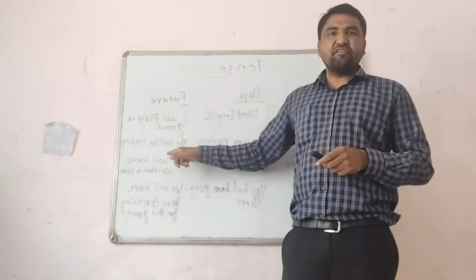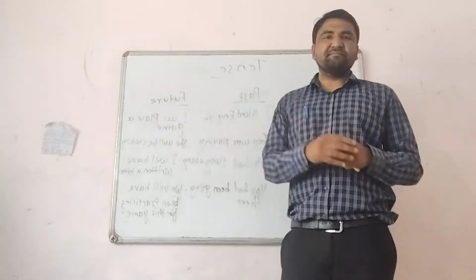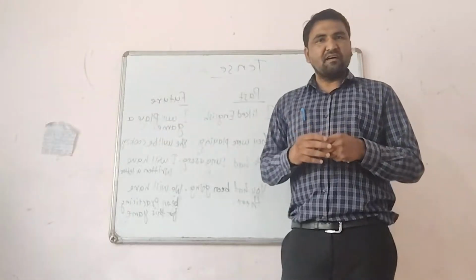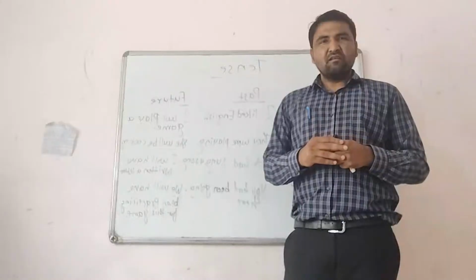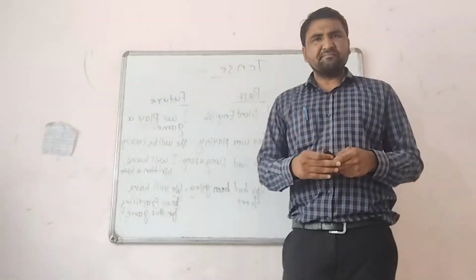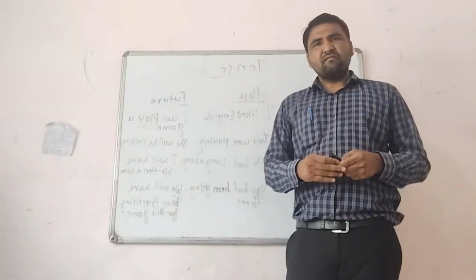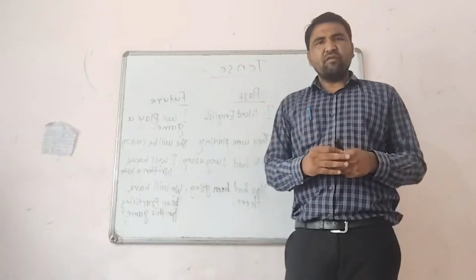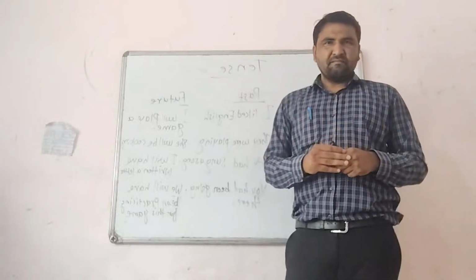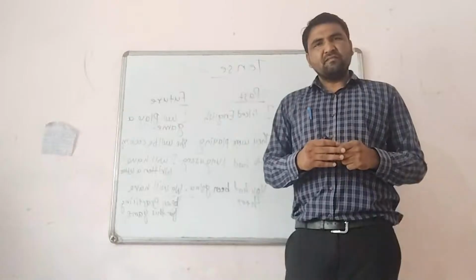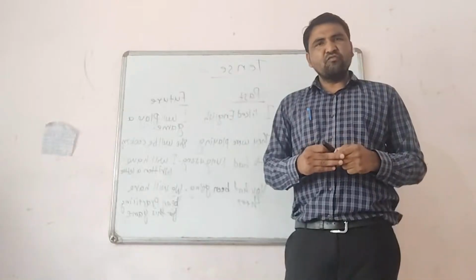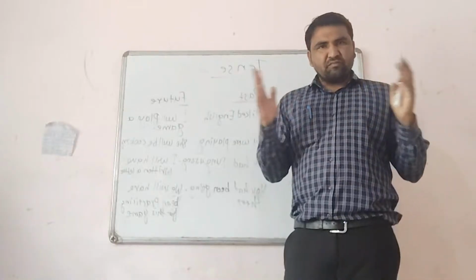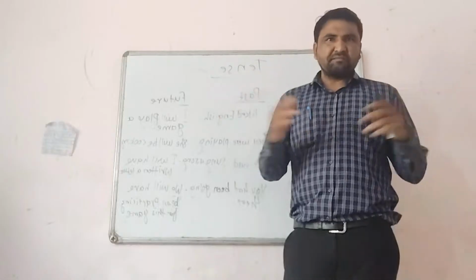I have just explained to you future continuous tense. Okay, I think you are getting it. I will give you two more examples. My daughter will be speaking English. If you work hard, you will be working as a professional.